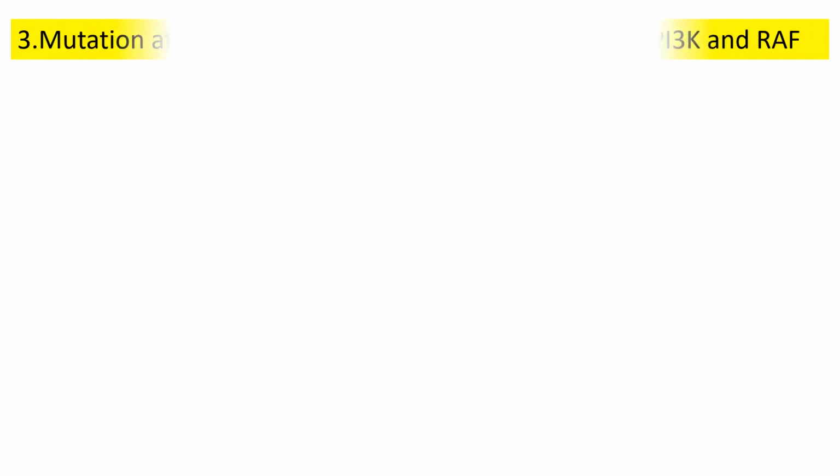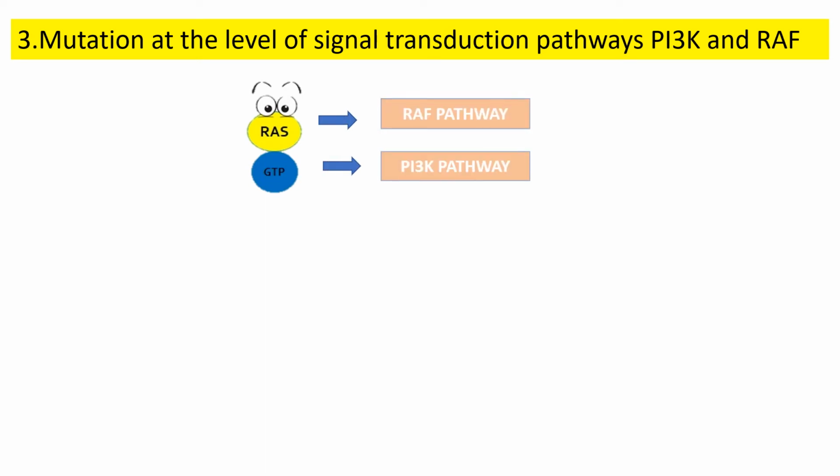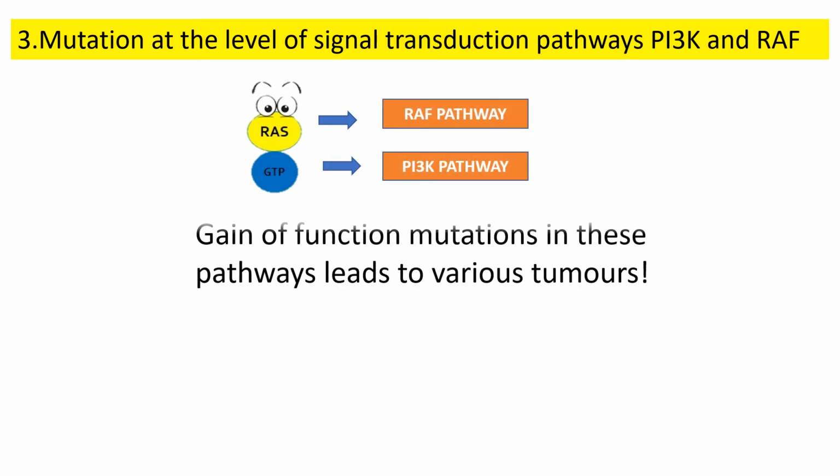So now let's move on to the mutation at the level of the signal transduction pathways, the PI3K and the RAF pathway. As we have mentioned before, the RAS adapter molecule activates the RAF pathway and the PI3K pathway. Gain of function mutations in these pathways lead to various tumors, which means that these pathways get activated without any trigger.